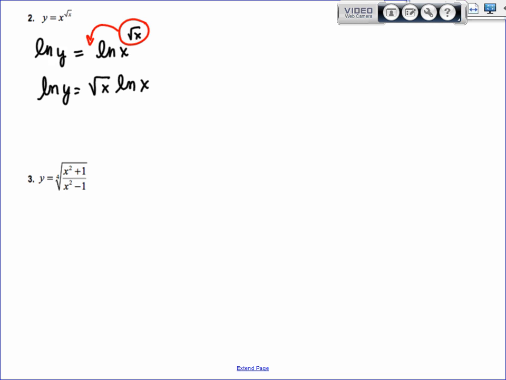Yes? When you have the square root of x, before you do the natural log stuff, can't you, like that's x to the x to the 1/2. And so you can multiply those, so you just get 1/2 x. Okay, I see what you're saying. Can you bring a 1/2 to the front?